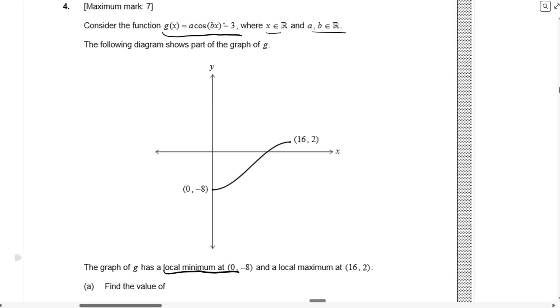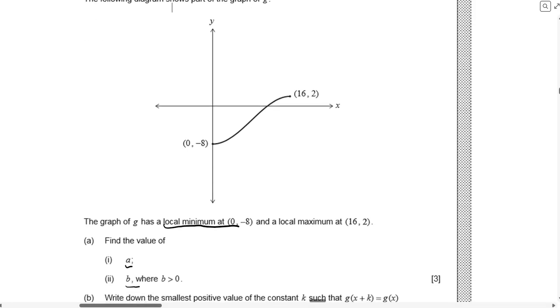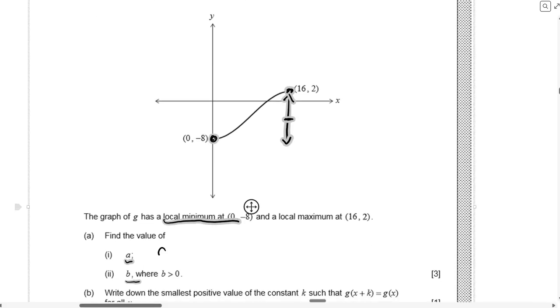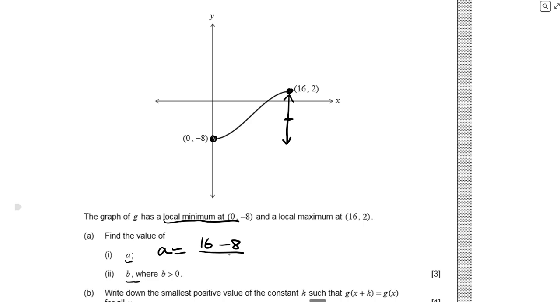And so we have a sinusoidal, or cos graph. This is our maximum, this is our minimum. That means our amplitude is half of this, right? And amplitude is a.